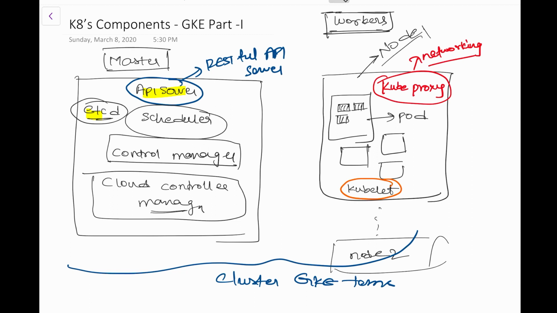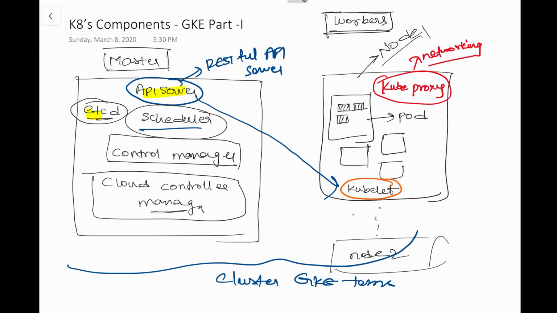Then it will send a request to the scheduler to schedule the job, and the scheduler will decide where to run the pod. Now the scheduler, through the API server, will invoke kubelet for that node.